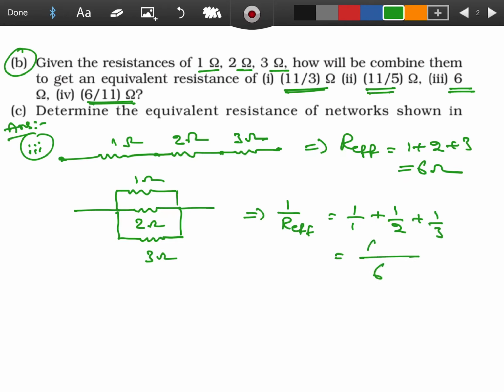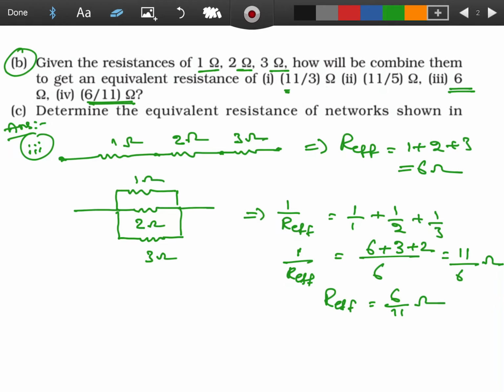LCM 6: 6 plus 3 plus 2, which is 11 by 6 ohm. 1 by R effective is 11 by 6, so R effective will be equal to 6 by 11 ohm. I think 6 by 11 is there for option 4. 11 by 6 ohm is over, 6 by 11 is over.